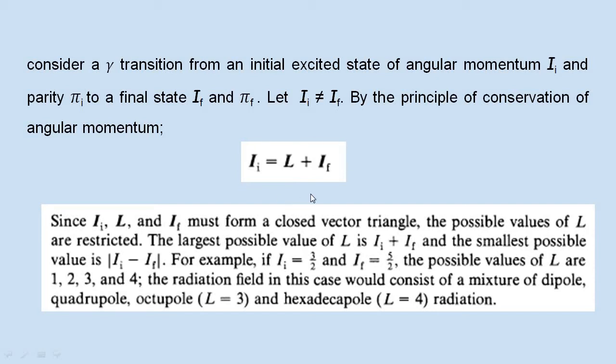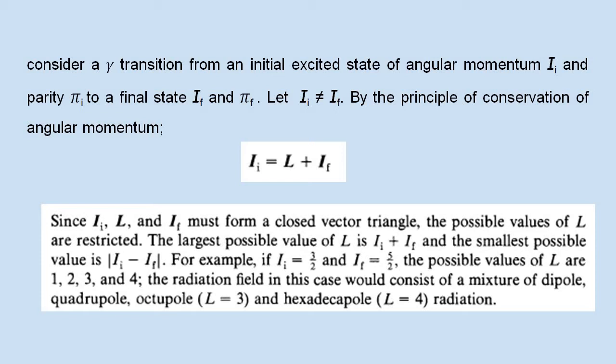This is somewhat similar to what we have done in beta decay. Since L and I_F must form a closed vector triangle, that means they are vector quantities, and the relation should be satisfied vectorially. The possible values of L are restricted.